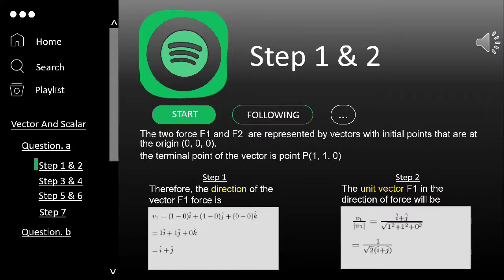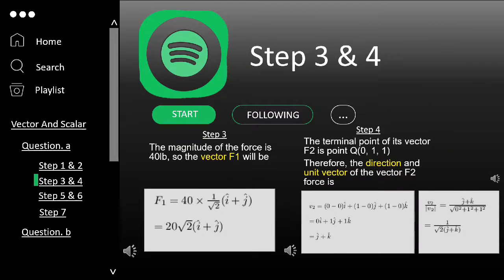The second step, the unit vector of F1 in the direction of the force will be V1 divided by the magnitude of V1, equals I plus J divided by square root of 1 square plus 1 square plus 0 square. The answer is 1 divided by square root 2 (I plus J).